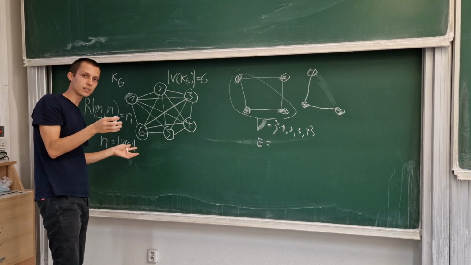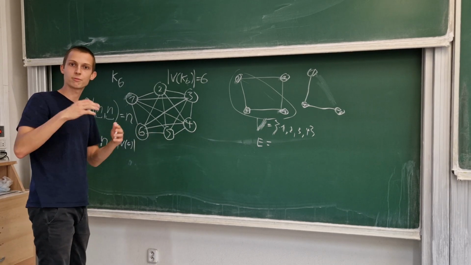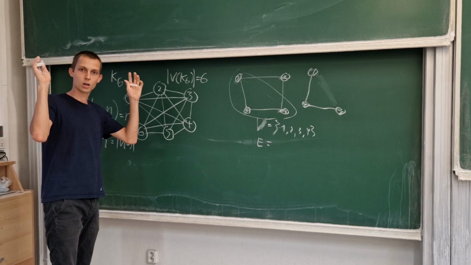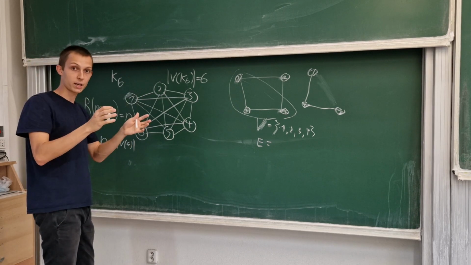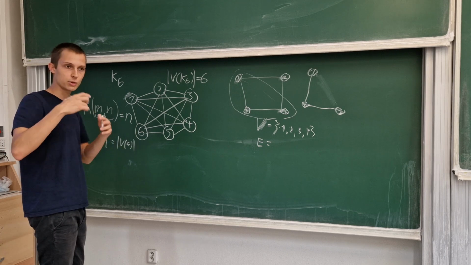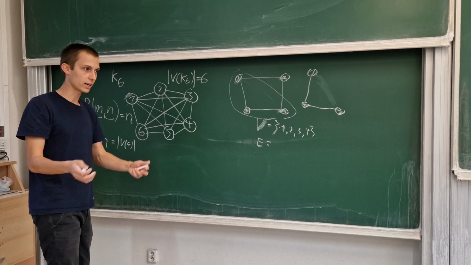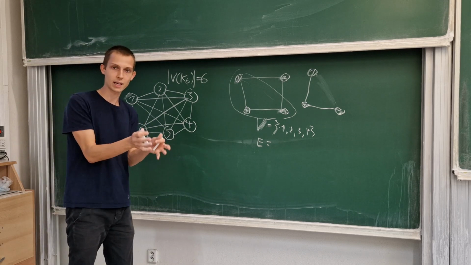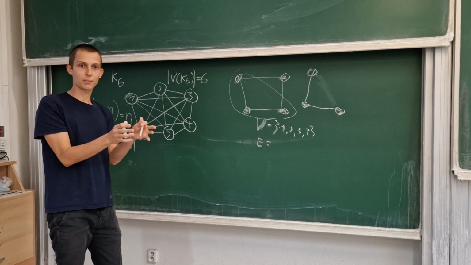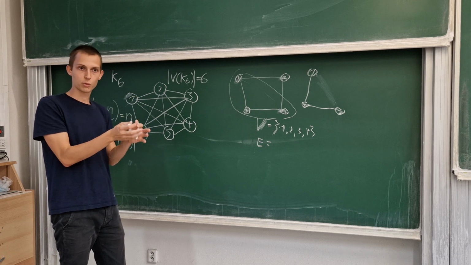I can find, if I color by two colors, a subgraph that is a triangle, a K3, a three vertex subgraph within one of the colors. So I can just look at one of the colors, and inside that color, I can find a subgraph where all the edges inside that subgraph will be the same color.